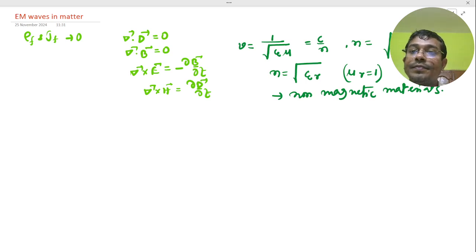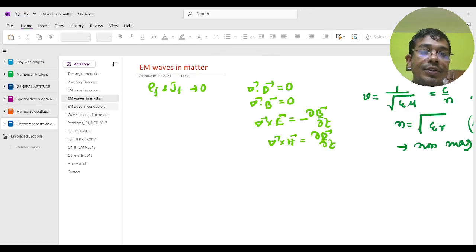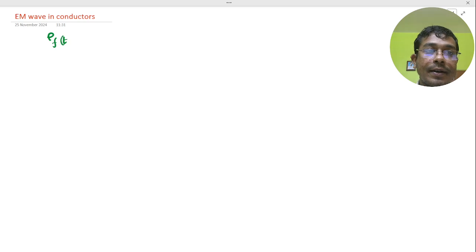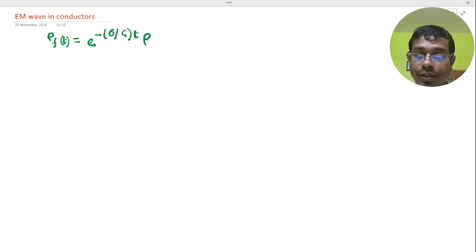And the last one: the EMF in conductors. So basically here rho f at time t should be the exponential of minus sigma by epsilon t times rho f at 0. This equation is rho f at time t equal to rho f at 0 with time constant tau equal to epsilon by sigma.